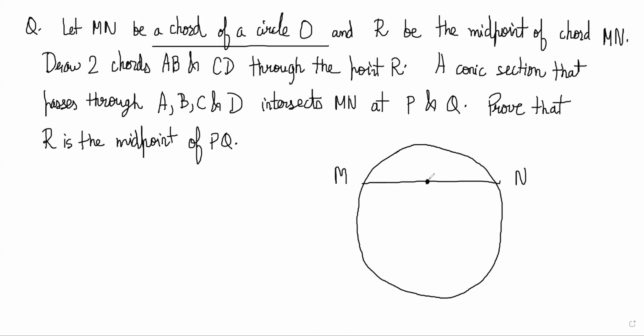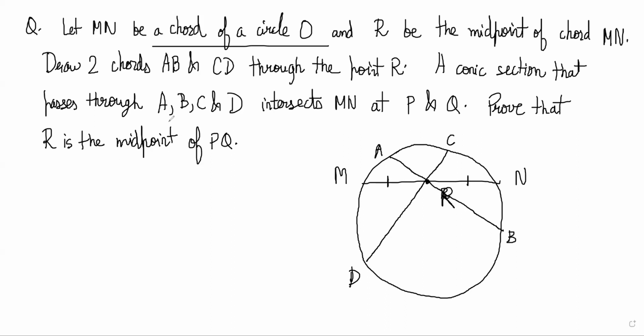R is the midpoint of the chord, so this is my point R, and I will draw two chords through R. This is R, and one more chord like this. This is A, this is B, this is C, this is D. And we know that R is the midpoint of MN, right?